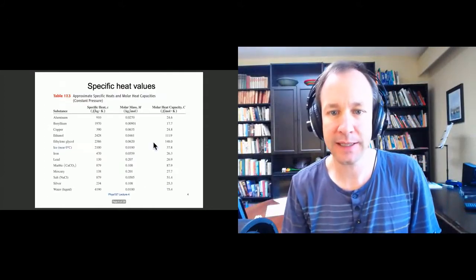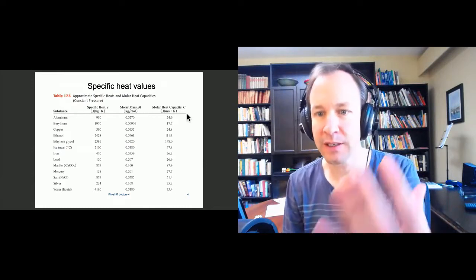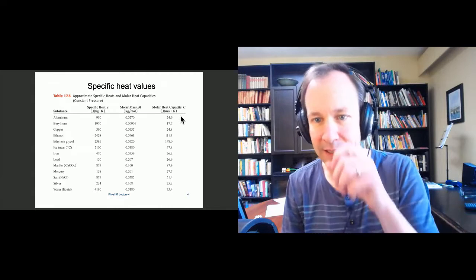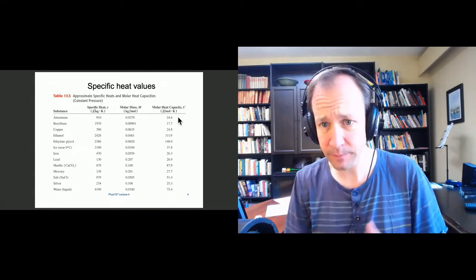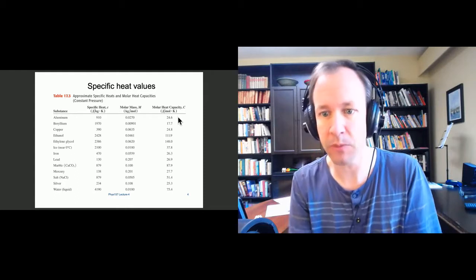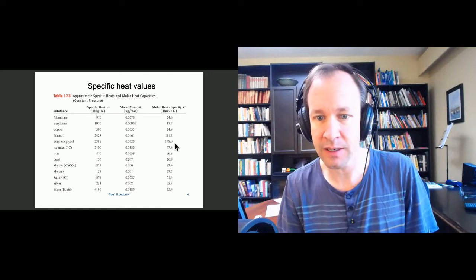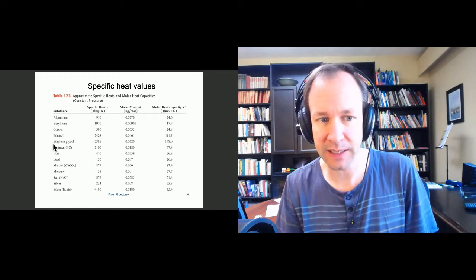And let's look at the molar heat capacity, which gives you a good idea of what the heat capacity is just per molecule, or per mole of material. You see that the largest values are for these fairly complicated molecules: ethylene glycol, ethanol.